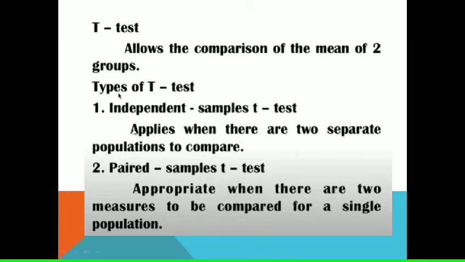For the independent sample t-test, it applies when there are two separate populations to compare, while the paired sample t-test applies when there are two measures to be compared for a single population. For example, sa paired sample t-test, kung naay isa ka section nga mag-exam, post-test, and a pre-test, so diha na nimo magamit ang paired sample t-test.